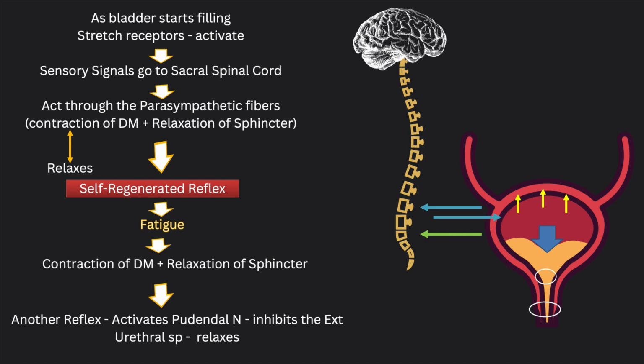However, seeing this activity, sympathetic system gets up and comes into action. And what does it do? It relaxes the muscle and keeps the sphincter in contracted state. This action reaction keeps on happening for a while till fatigue sets in and the lady feels an urgent desire to empty the bladder. Then at that moment, another reflex sets in that activates the pudendal nerve, which inhibits the external sphincter, that means releases it from its inhibitory control and lets the lady void.